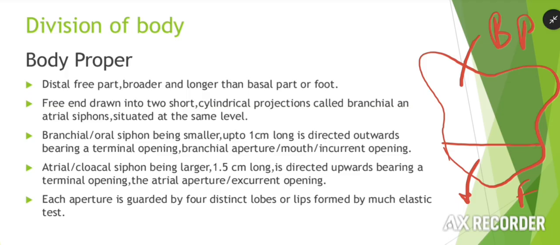The free end is drawn into two short cylindrical projections called branchial and atrial siphons. There are two projections in the body proper, at the distal free end, this one and this one.